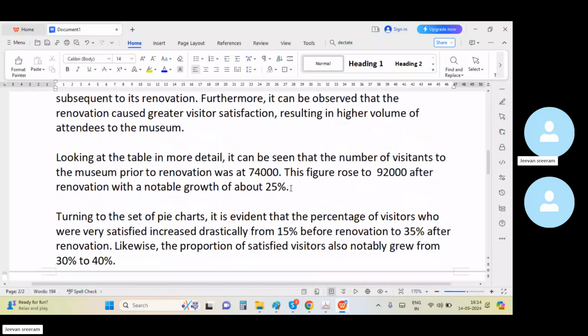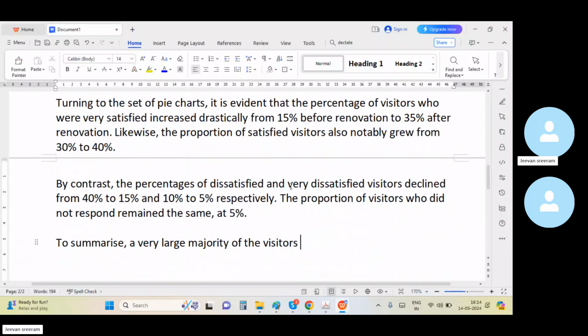express their satisfaction to the survey that engendered, no, it's not endangered, engendered means causing, producing. A very large majority of visitors were satisfied after renovation of the Ashdown Museum.